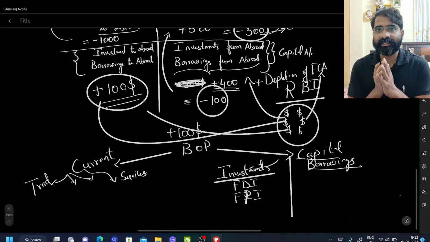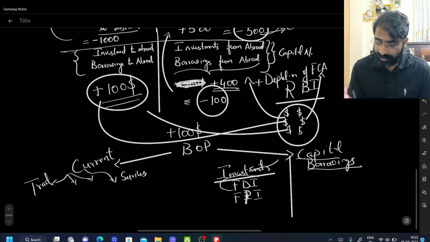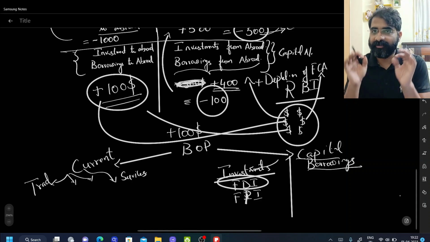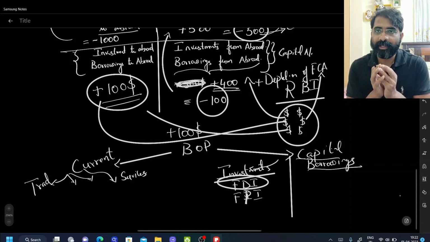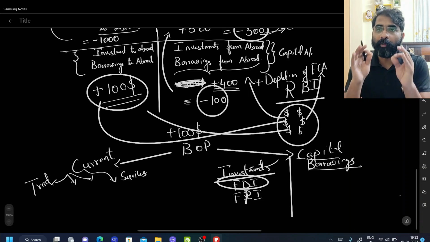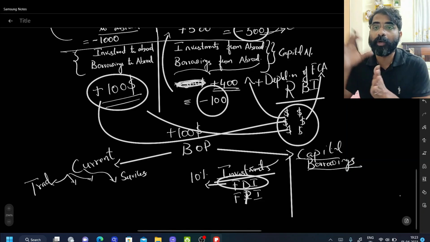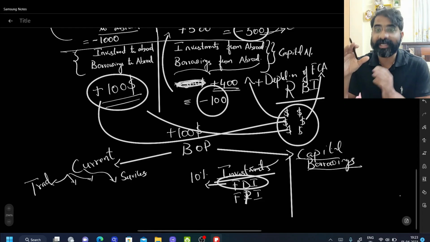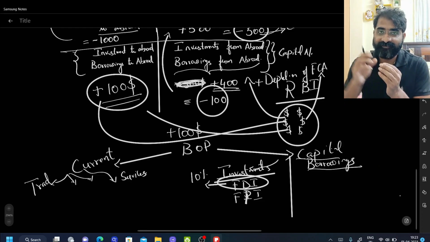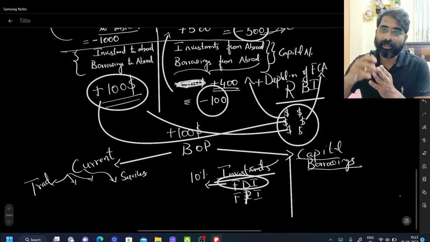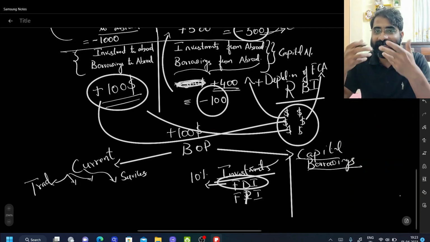One more important understanding is, according to the new definition of FDI, in a listed company, something that is listed in the stock market, if my investment is going to be more than or equal to 10%, it will be treated as FDI. So even the portfolio investment, if it is more than or equal to 10%, henceforth it will be treated as FDI.